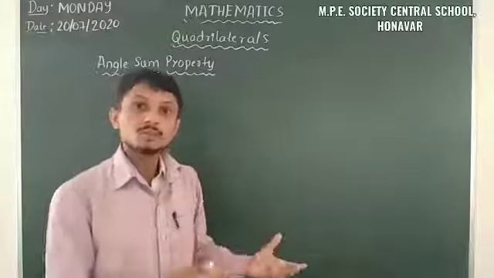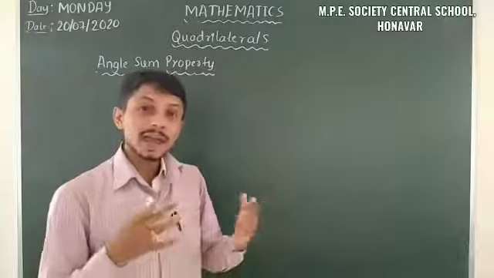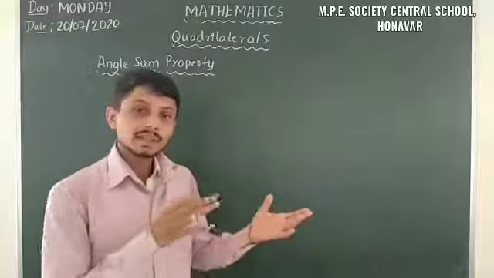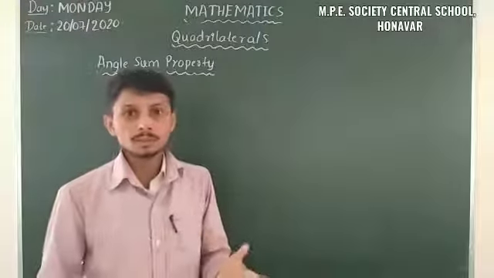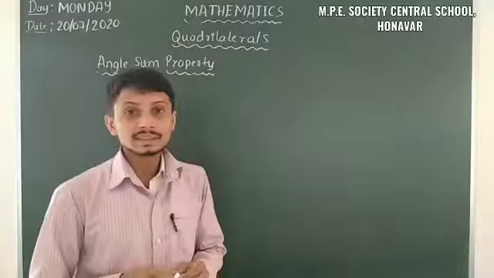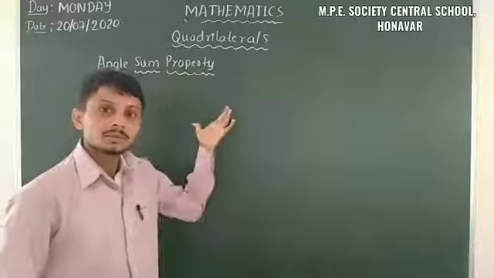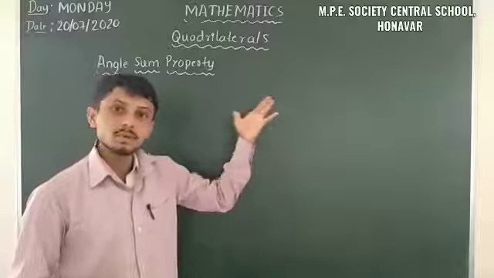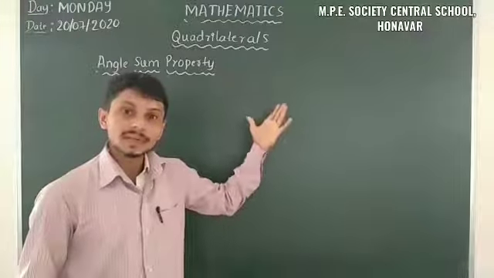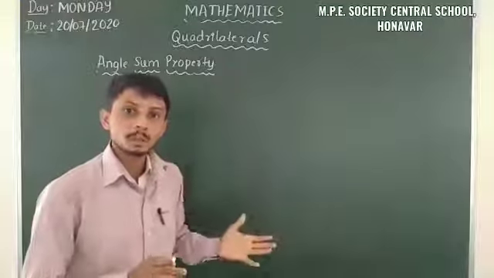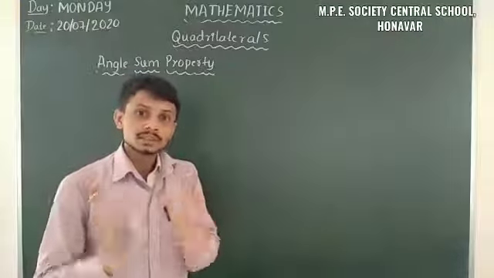Now we move on to exterior angles. The statement of the second theorem is: the sum of exterior angles of all the polygons is 360 degree.